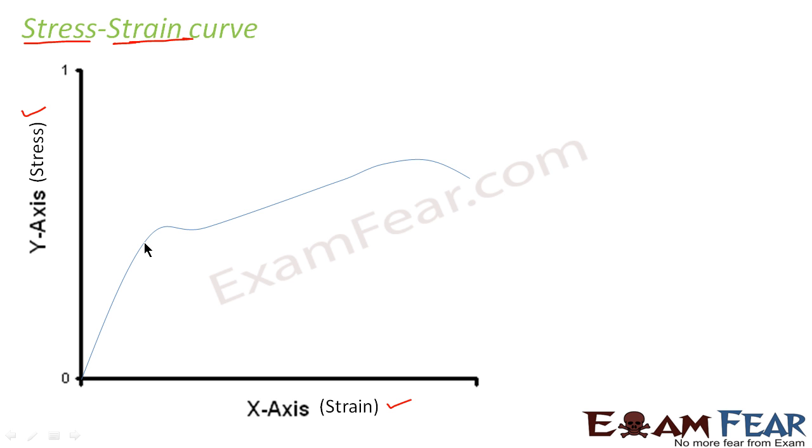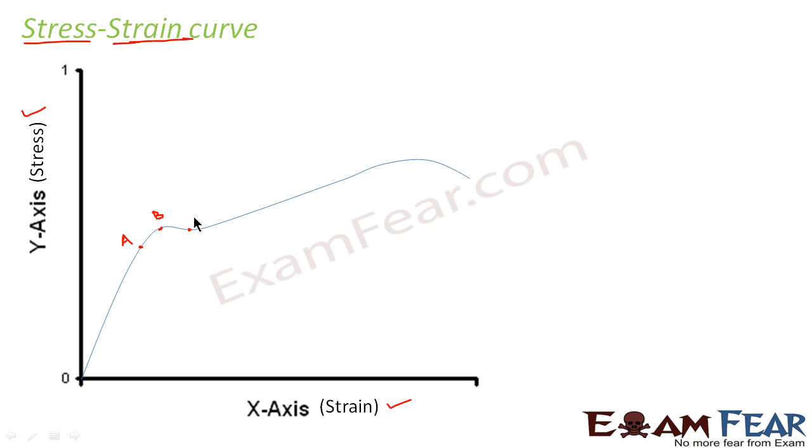If you see it very carefully, from point O till point A, it is a straight line. From A to B, it is not a straight line, it is a slight curve but increasing. Let me name that point B. From B to the next point, it is a curve again but a decreasing curve.